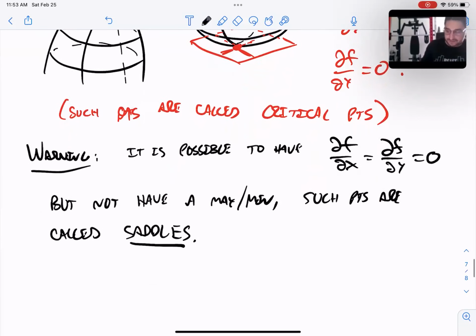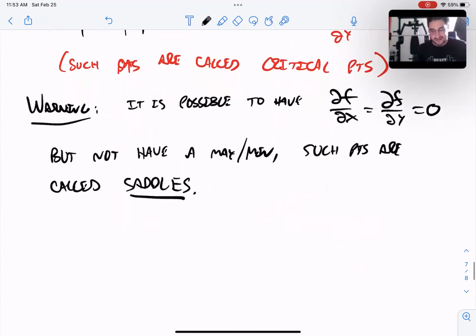We would have been happy if we had a max or min; the maxes and mins collectively are called extrema, otherwise saddle.